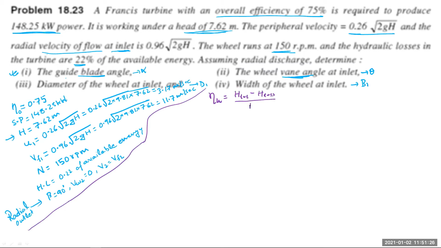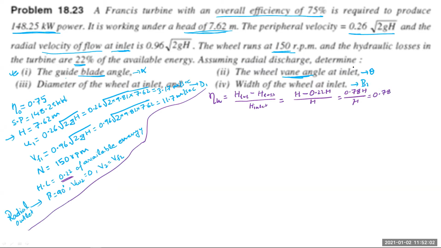What is the head at inlet? So total head we can write here H minus losses, how much is our losses? 0.22. So I will write 0.22 times H upon H. You will get 1 minus 0.22 is 0.78 H divided by H. So this you are getting 0.78.